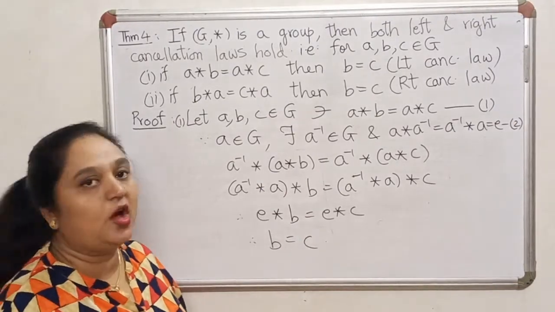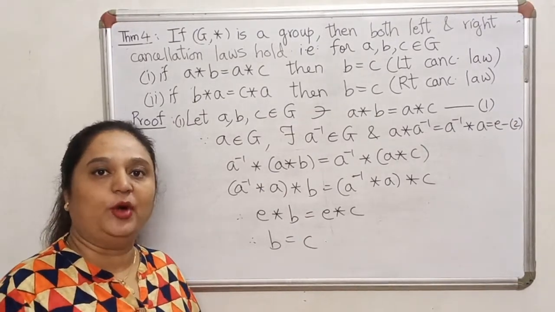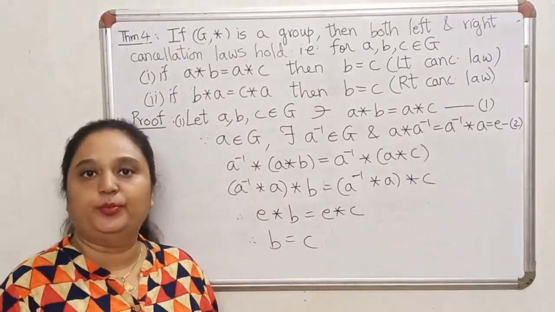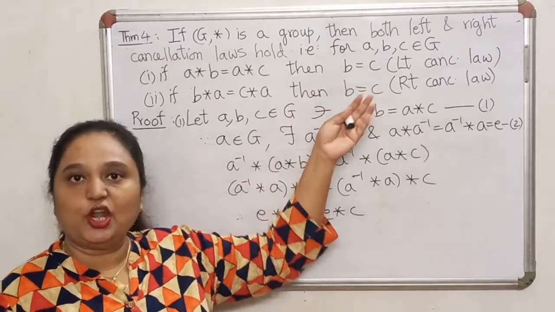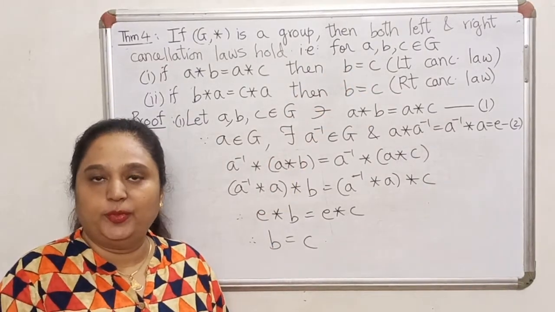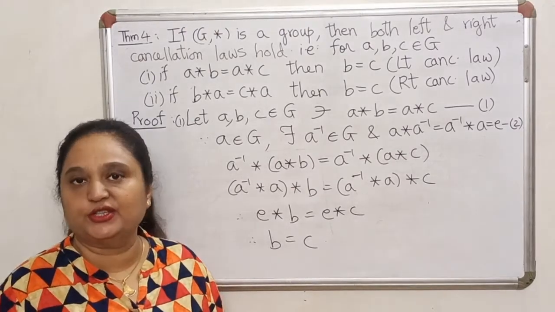The cancellation laws are extremely important because they tell us that the moment you have a group, you get the cancellation laws as a bonus. So once you are in a group, feel free to use the cancellation laws.